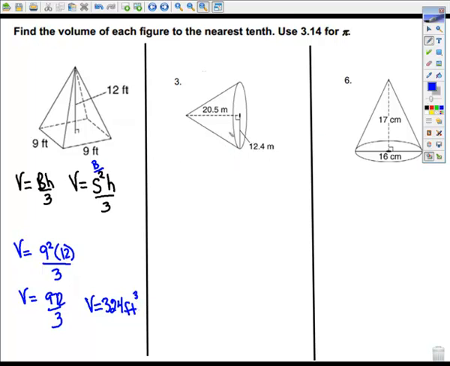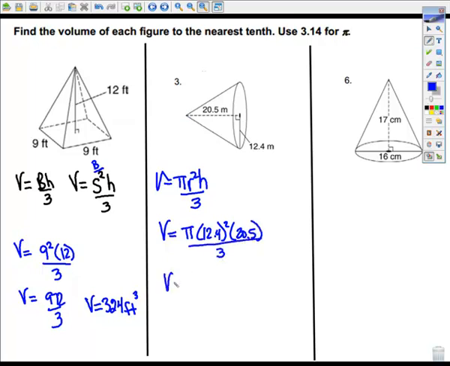Next I have a couple of cones here. Remember, your volume for your cone is pi r squared times the height divided by 3. So my volume is pi, radius is 12.4 squared. The height goes from the top of the cone down perpendicular to the circle through the center, so it's 20.5, divided by 3.